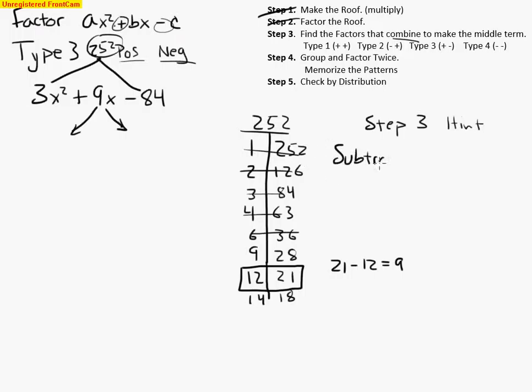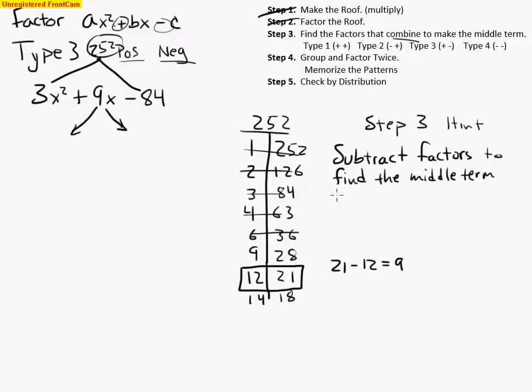So our hint for a type 3, when I have a positive, negative, is that we always subtract the factors to find the middle term. So again, I subtracted these, and then I have a further hint.